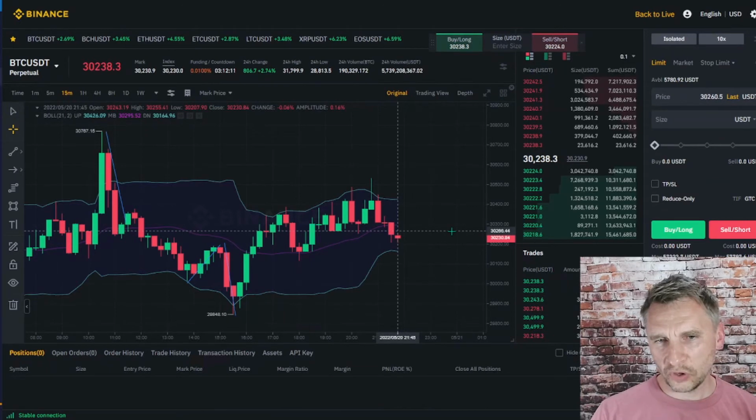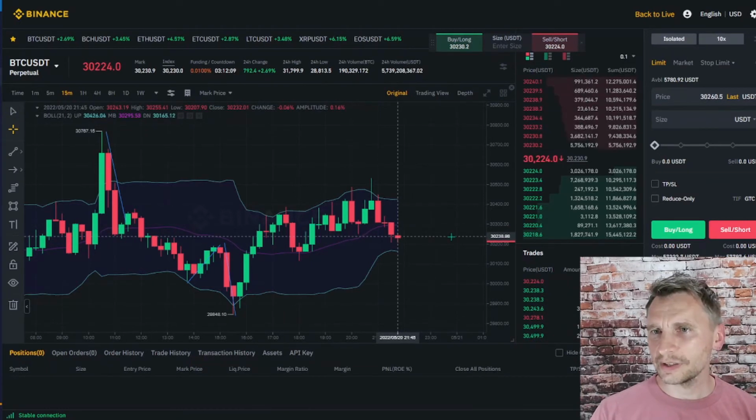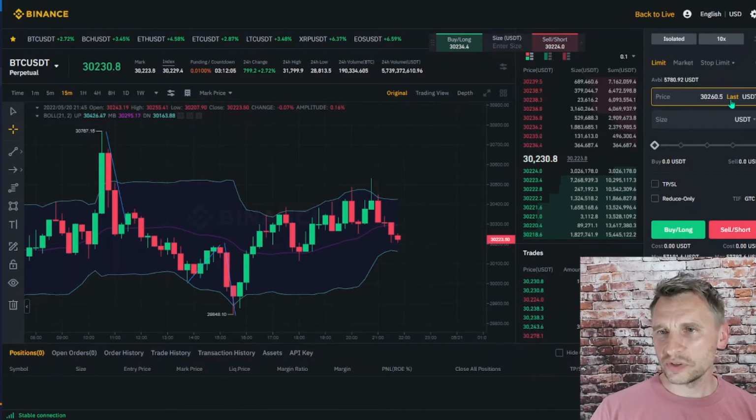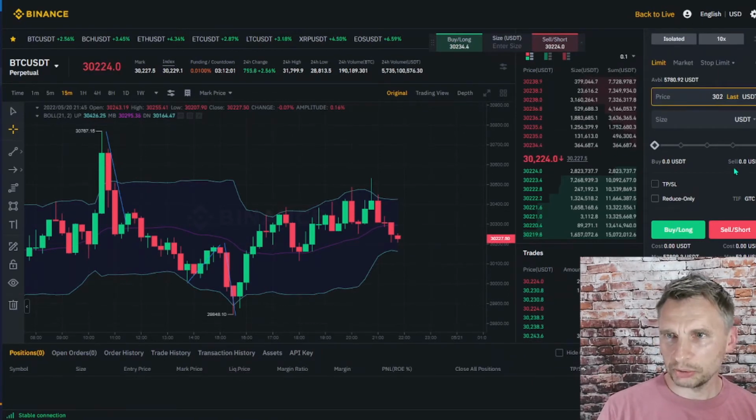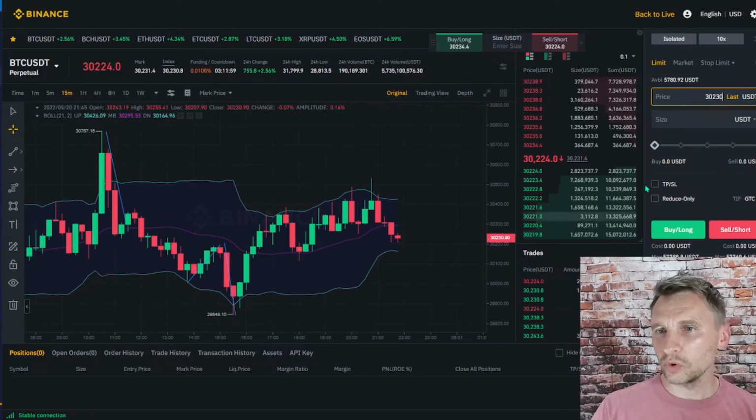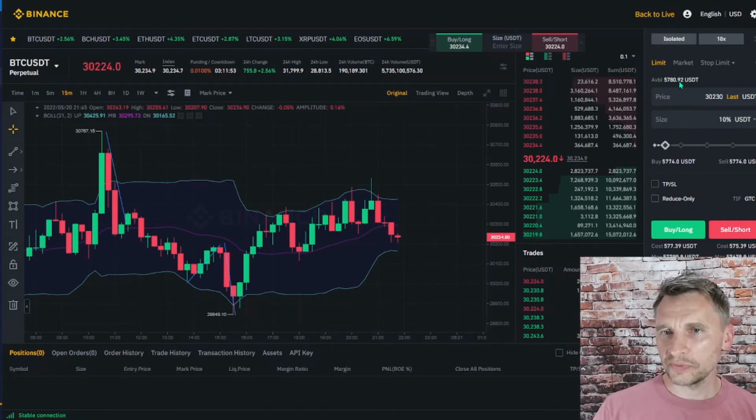Or for the sake of this tutorial, let's just set it at $30,230 so that we can see the trade open up, and we'll set it at 10%. So I'm going to invest 10% of my USDT portfolio that's available right now, and I'm going to go short.